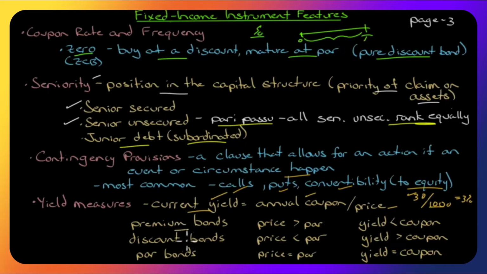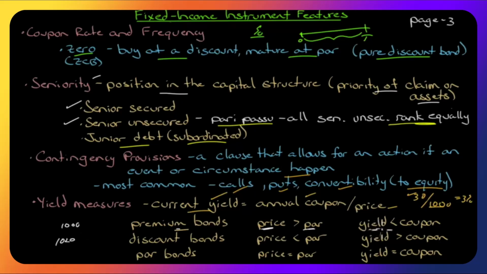Here are some relationships. Different ways we can describe bonds: as premium bonds, as discount bonds, or as par bonds. A premium bond means the price is greater than par. So you can say, well, at maturity, I'm going to get $1,000 back on this bond, but today I got to buy it for $1,020. Why would you ever buy a bond for more than you would get back?